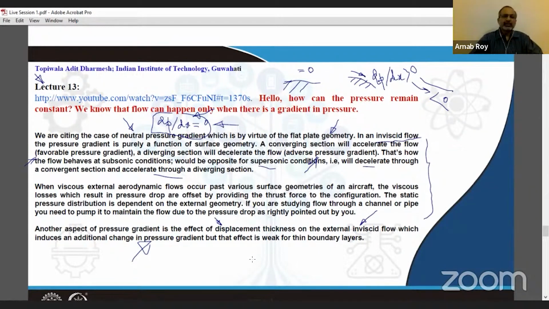It looks a little more inflated, and that's basically because of the displacement thickness. So we now learned that there's also a pressure gradient which is sort of weak. It's a higher order effect, but it does exist, and it can be ignored for very thin boundary layers.